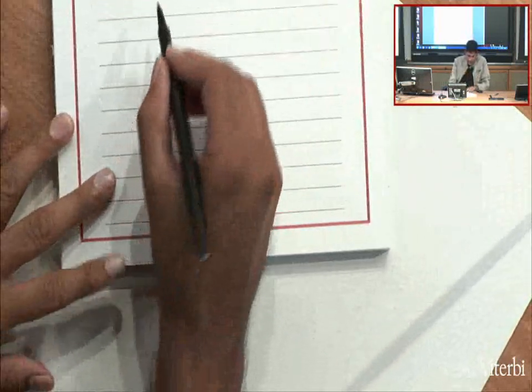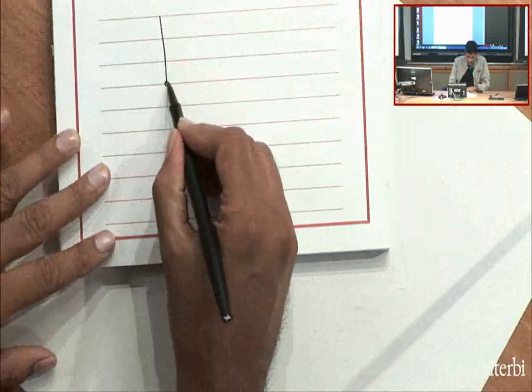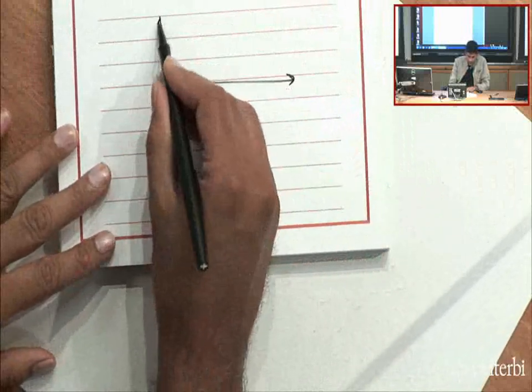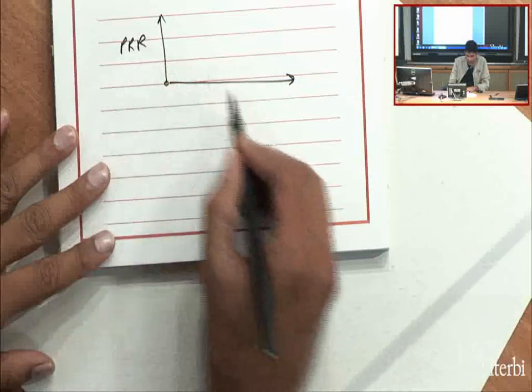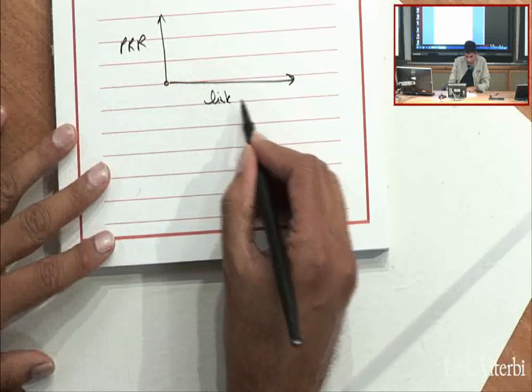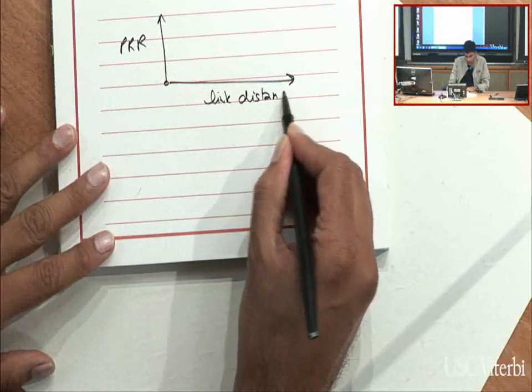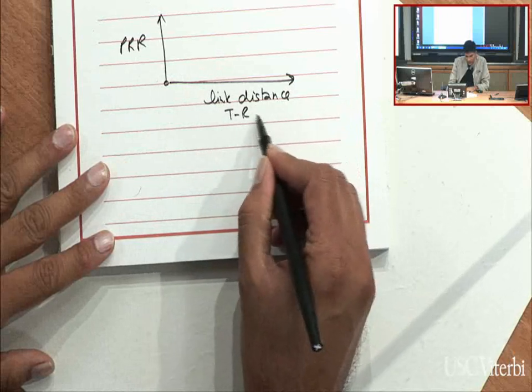And one comment we made is that in typical deployments, you can plot packet reception rate for a link as a function of the distance between the transmitter and receiver.